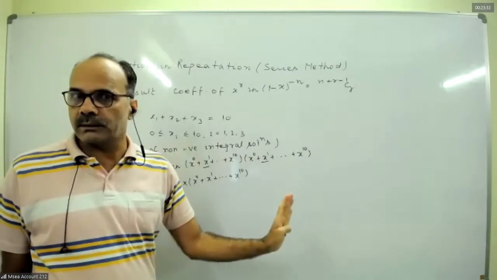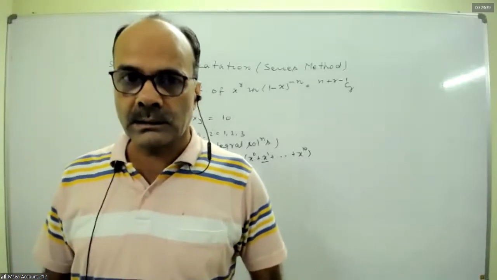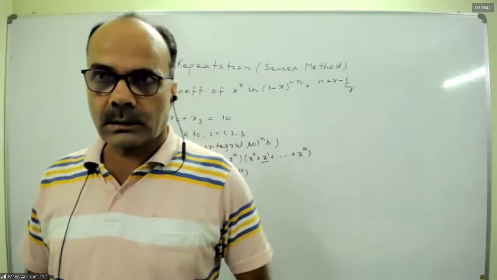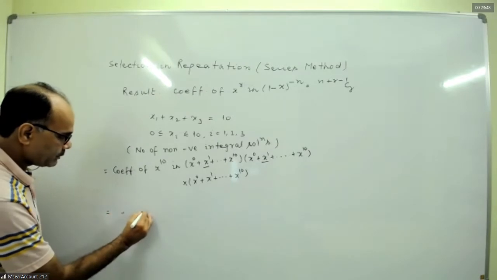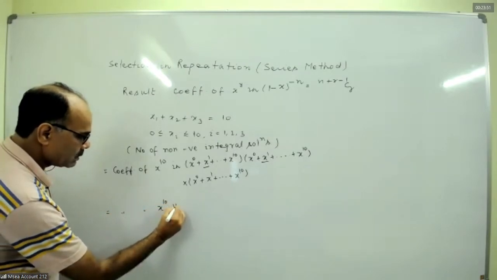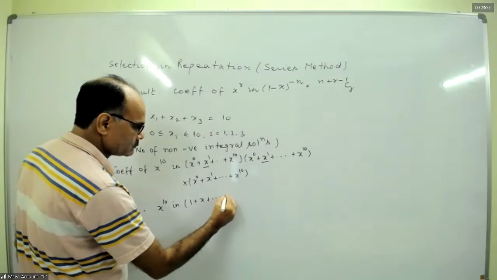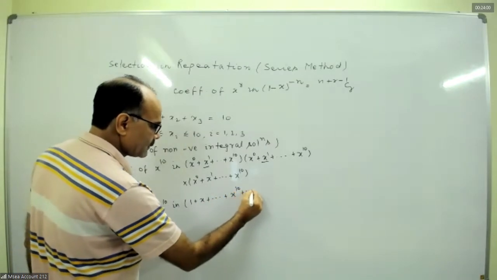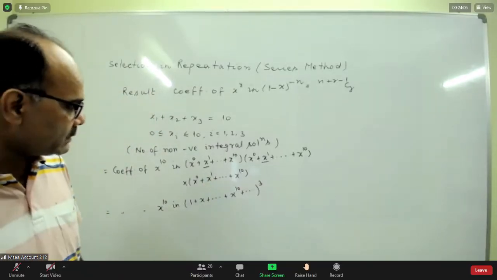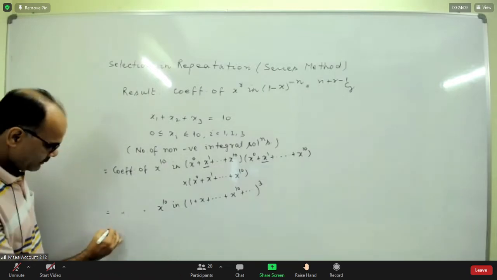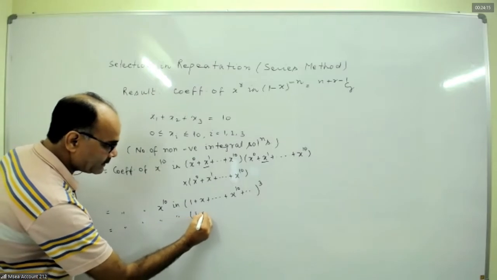So in each series we can take the infinite series because the coefficient of x to the power 10 remains unchanged. It's the same as the coefficient of x to the power 10, writing x to the power 0 as 1. But all the time we can't take an infinite series.